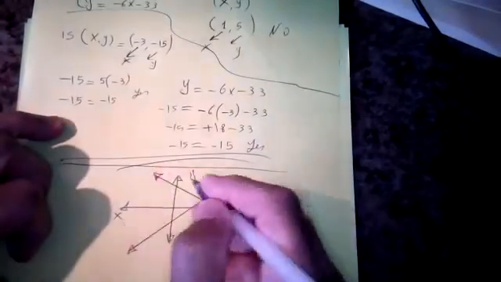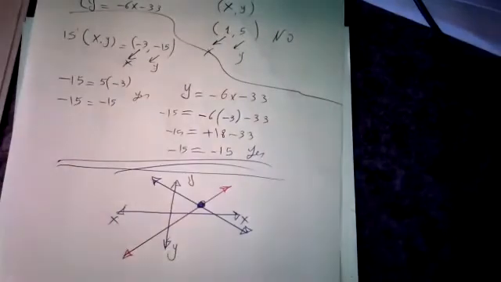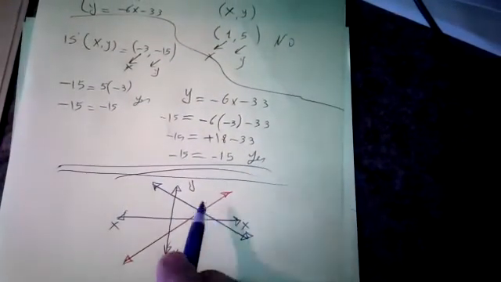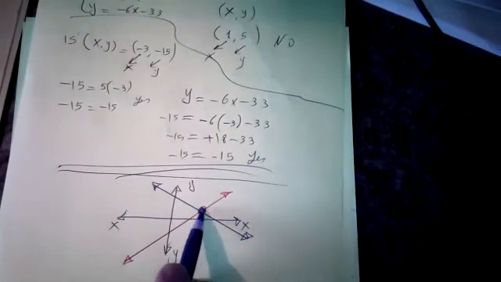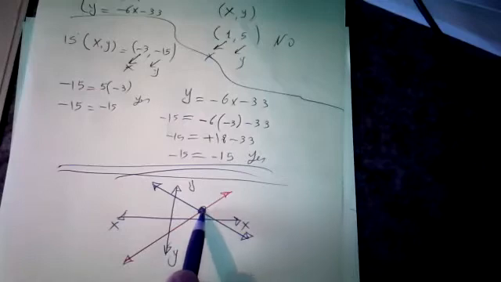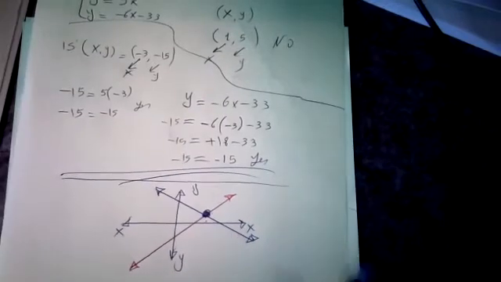If two lines intersect at one point, we call this point the solution of the system. It means this point of intersection of two lines satisfies both equations. Okay? This point of intersection is the solution of the system.